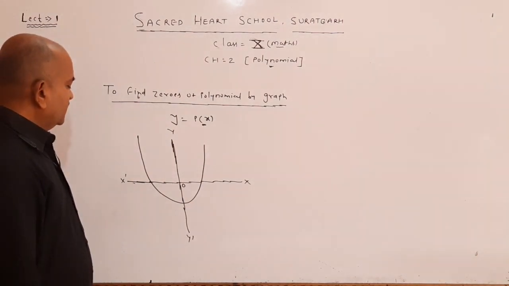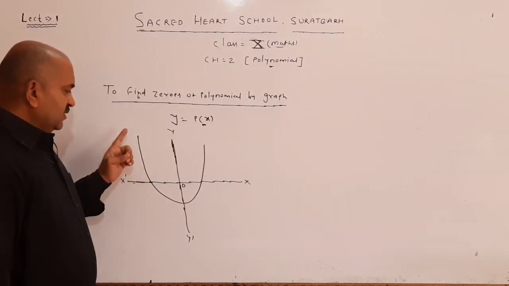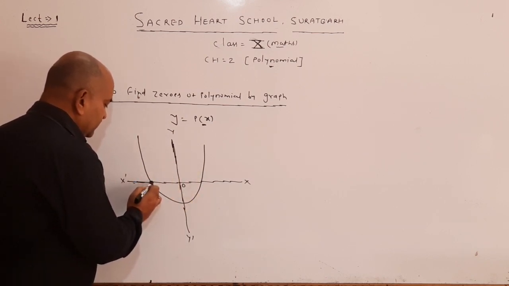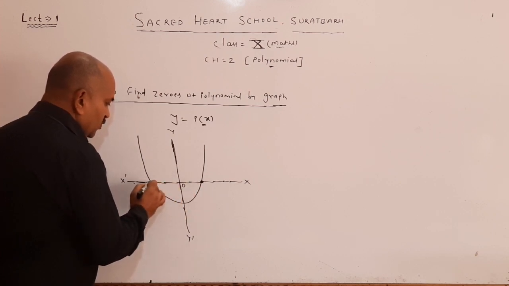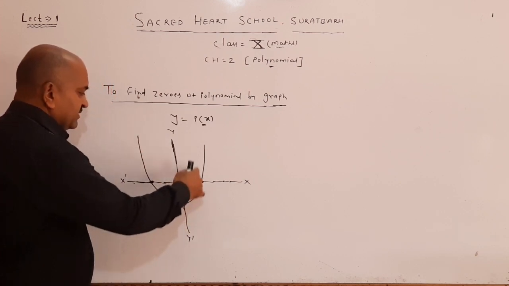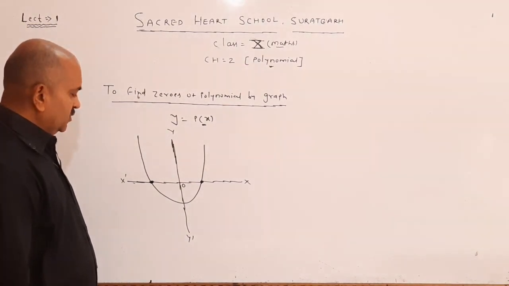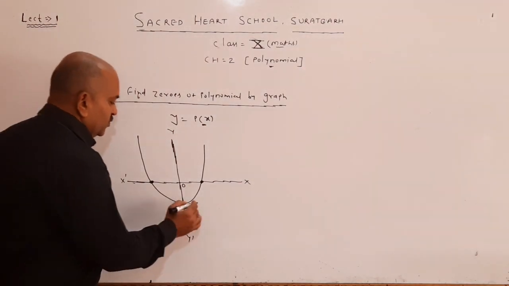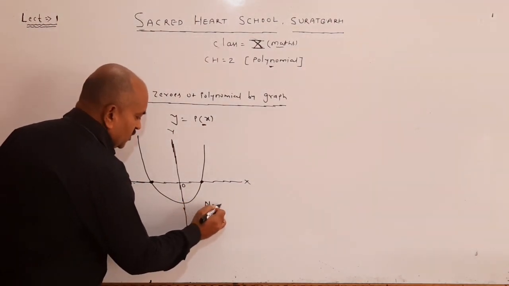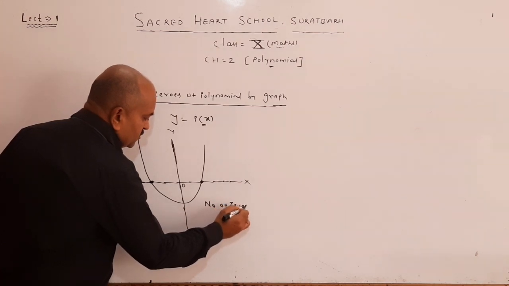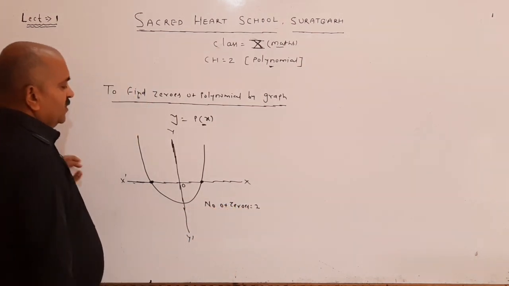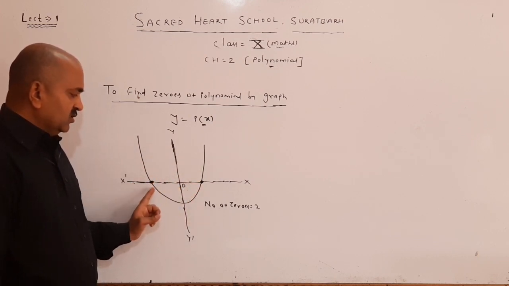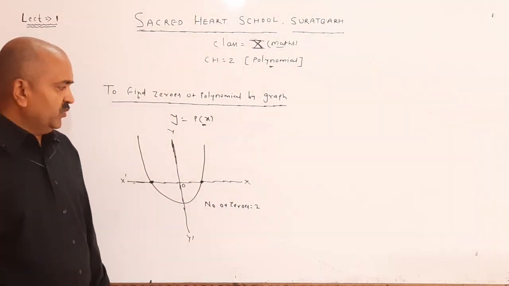This graph intersects the x-axis at how many points? 2 points. So how many zeros does this polynomial have? 2 zeros. So the number of zeros is 2.